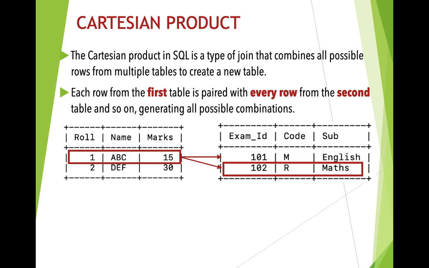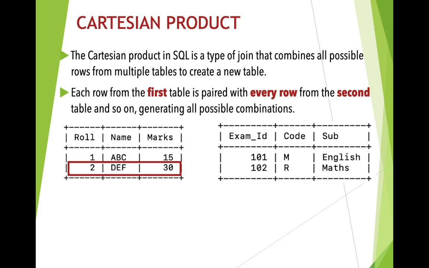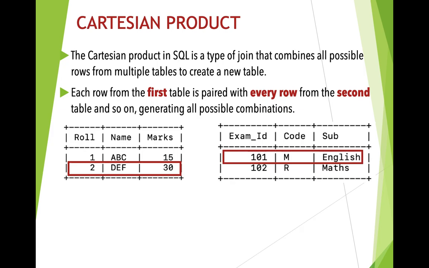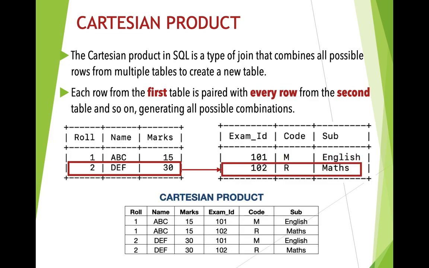Then we will move on to the second row of the first table. The second row of the first table will be paired with the first row of the second table, which will result in this. Finally, the second row of the first table will be paired with the second row of the second table, which is the final Cartesian product.